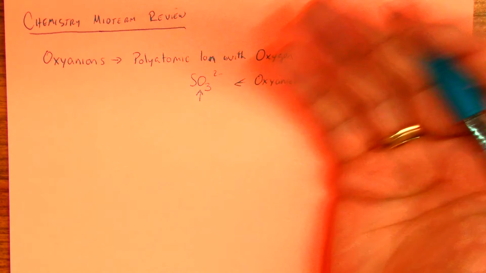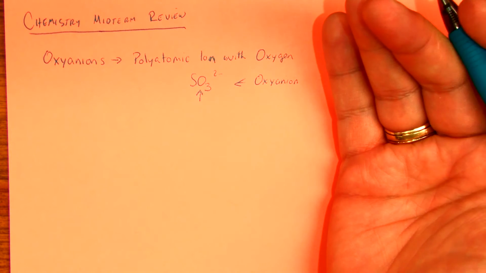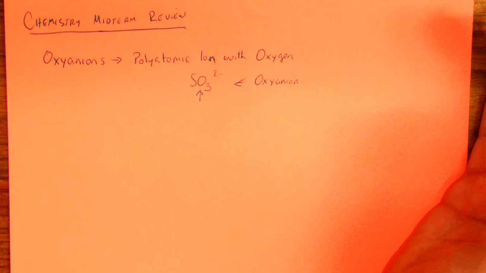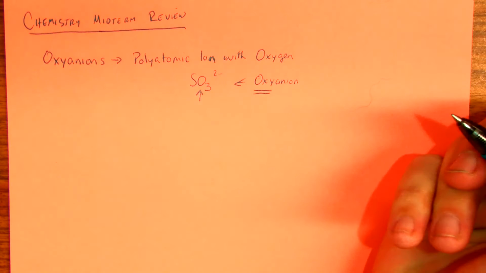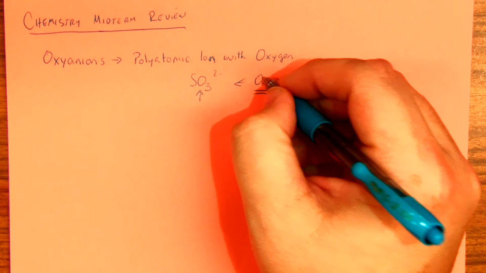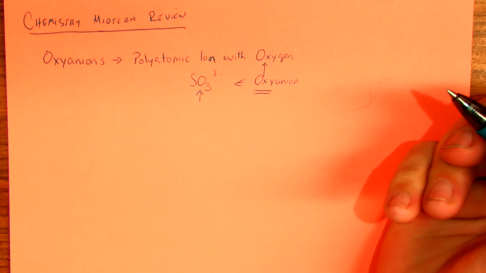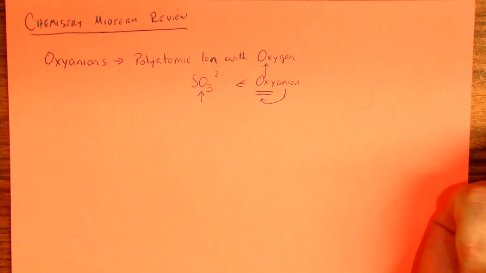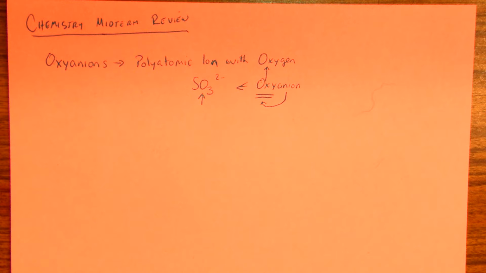If there's any type of other anion that does not have oxygen in it, it is not an oxyanion. So just think of oxy refers to oxygen. It's an anion with oxygen in it. Did I clear that one up? Yes.